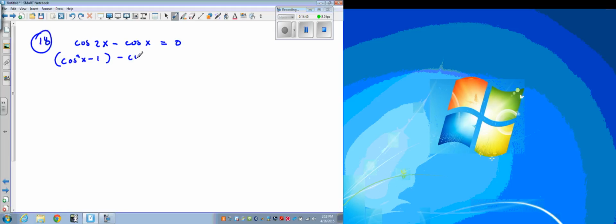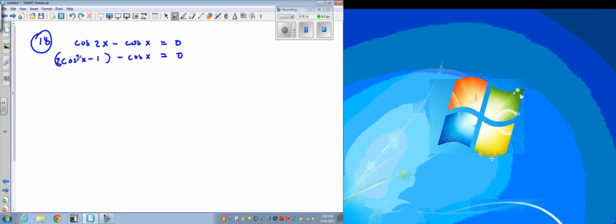Now everything is in cosine x, right? The identity says this thing right here is 2 cosine squared x minus 1. So I put a 2 in here. We're just changing one half. This is what you substitute for this.